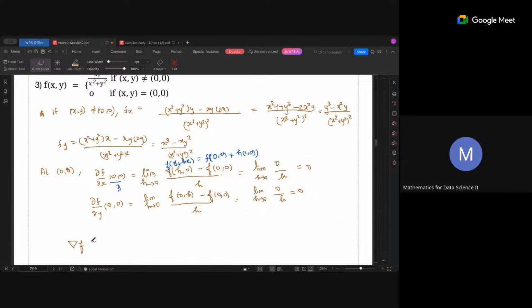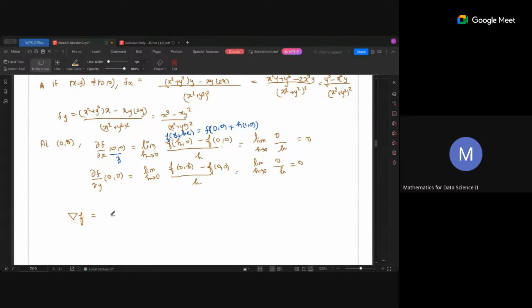So in this case, the gradient vector also you have to write as del f. You are not asked about any particular point, so you are writing it as a function itself. This function also is a piecewise function. The gradient vector is also a piecewise function. So you have to write it as, comma x cube minus xy squared by x squared plus y squared the whole squared.